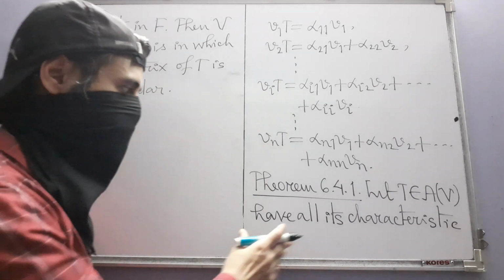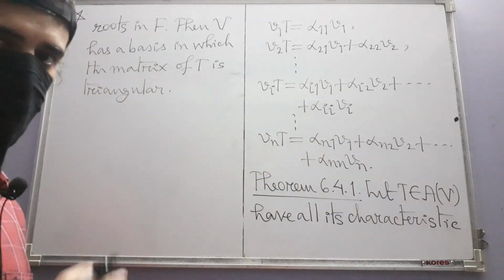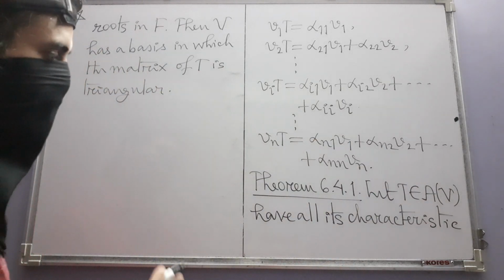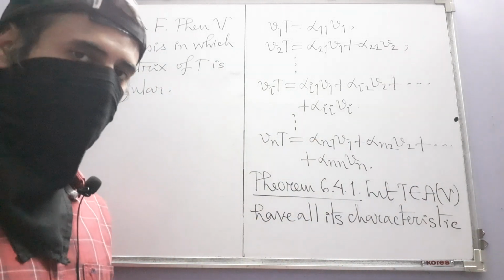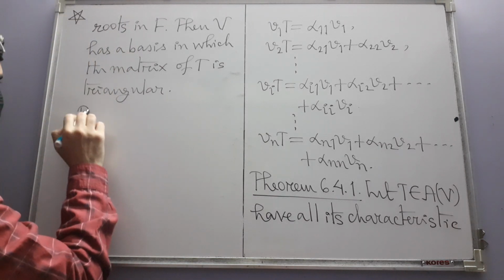Or one can more simply say that let T be an operator having all its characteristic roots in F, then T is triangular. That's it. So that is the claim, and let us now prove this.